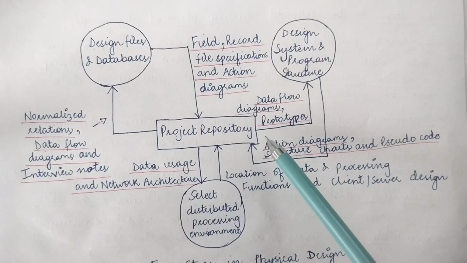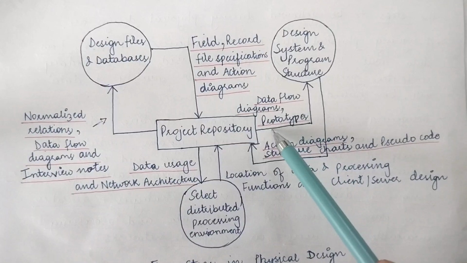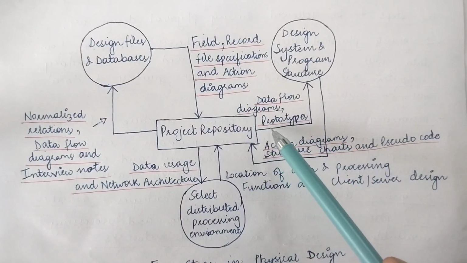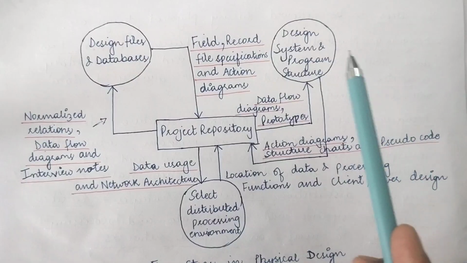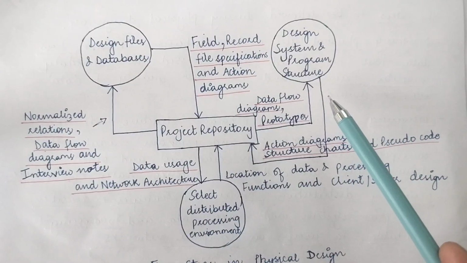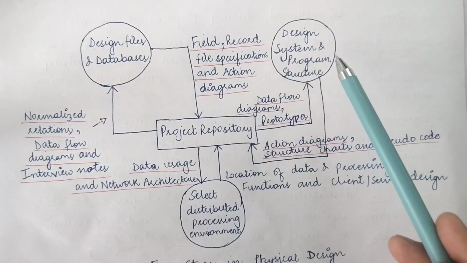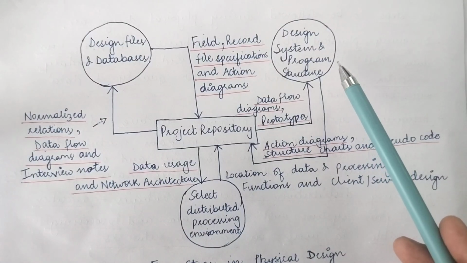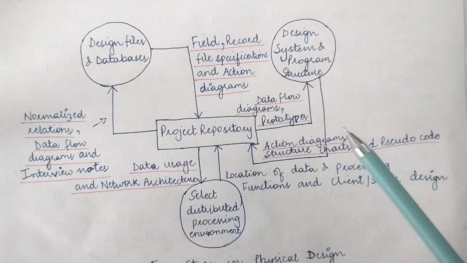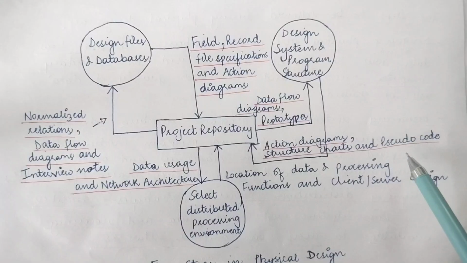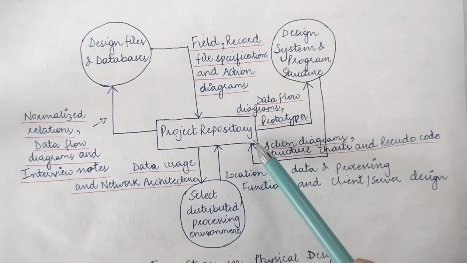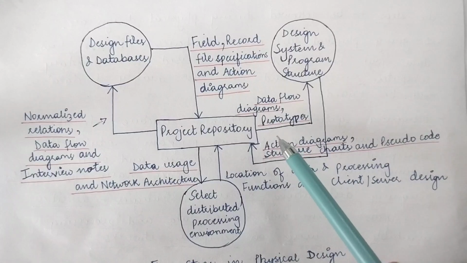Then what the various data flow diagrams are, what the prototypes are, all this information is taken from the project repository for designing the system and program structure. And after the system is designed and the program structure is designed, the action diagrams, the structure charts and pseudocodes are developed accordingly, and this information is then stored in the project repository.